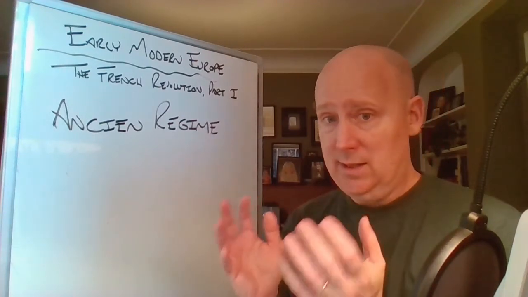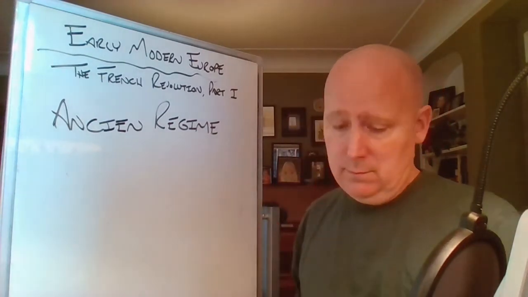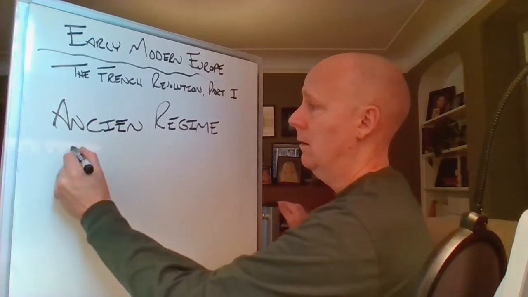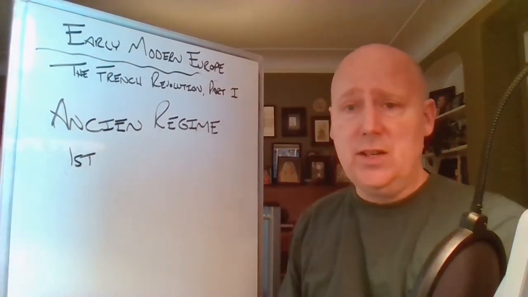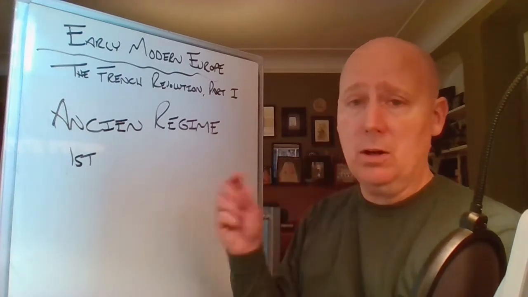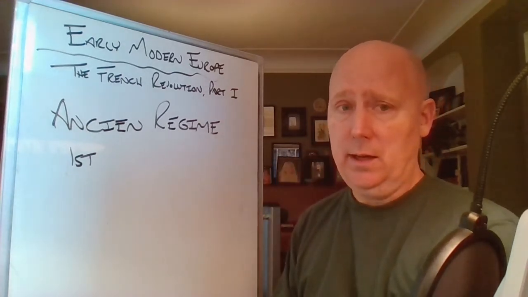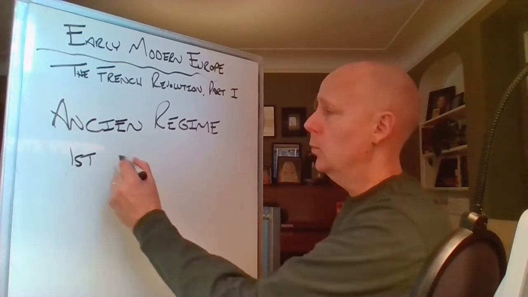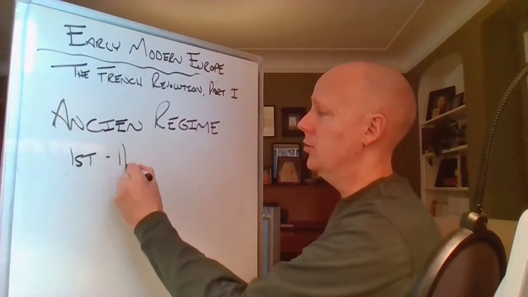The first estate, right? So this is the division of socioeconomic and political power in society. The first estate were all the high-ranking members of the church.